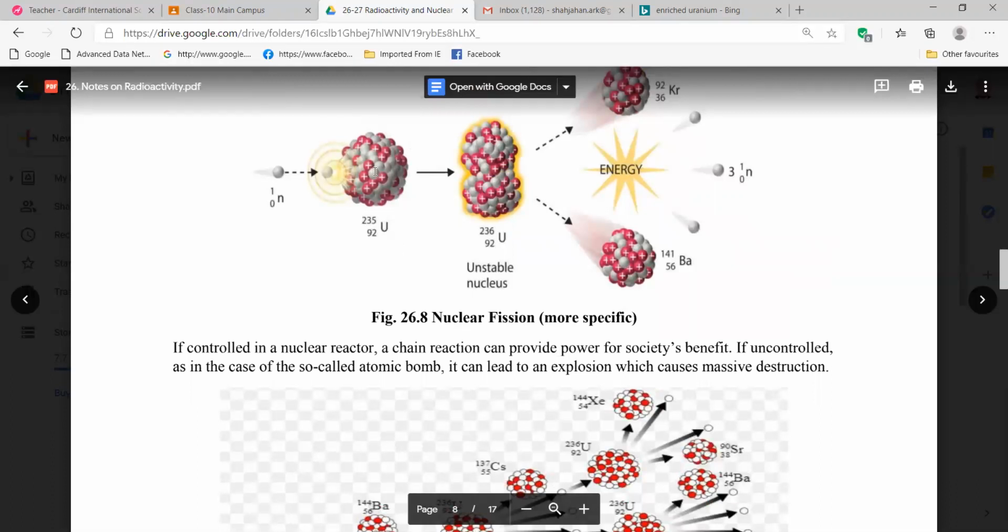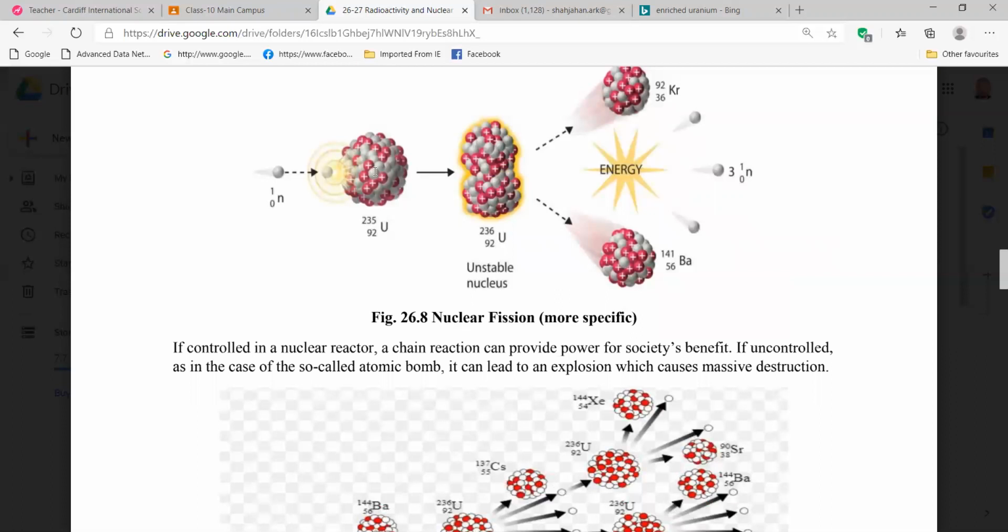Do you understand? Then what will happen? This process will continue. And if this process continues this way, then there will be an uncontrolled chain reaction. We started with one reaction only, and from that we got three reactions.